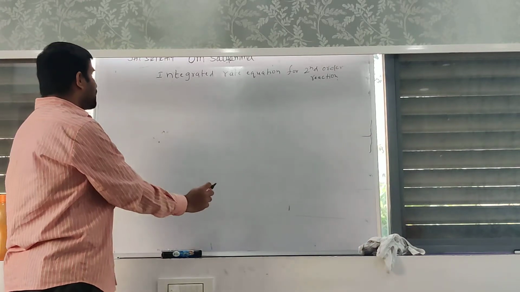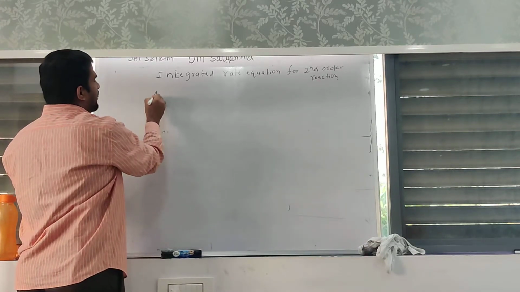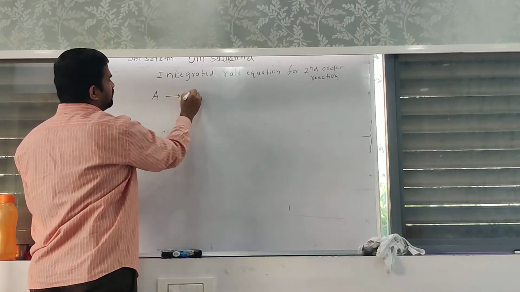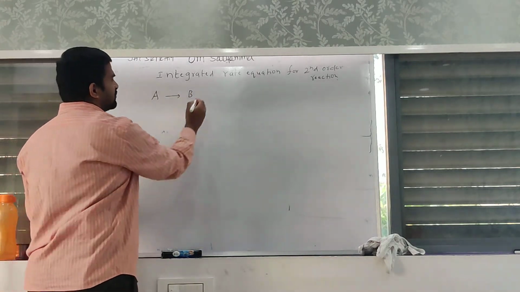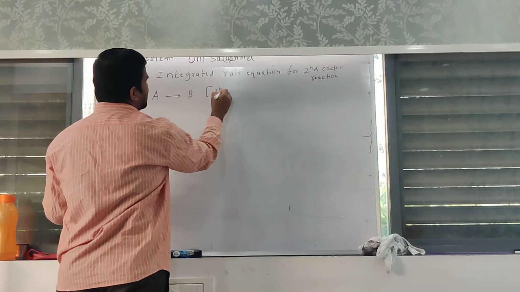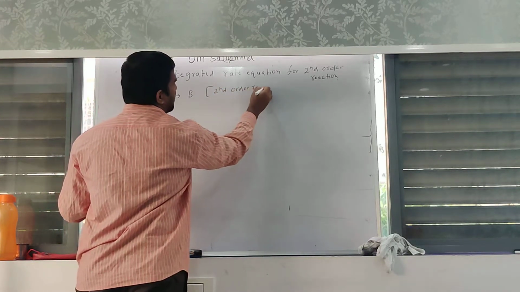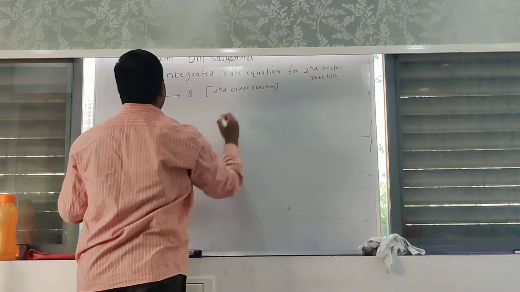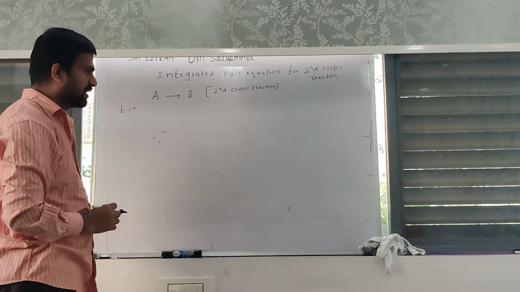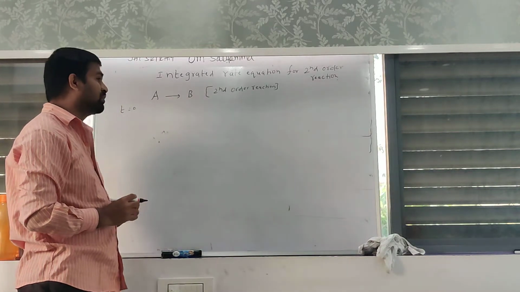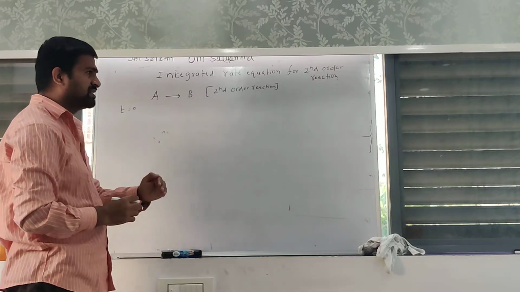I can take one hypothetical reaction, that is A gives rise to B. Just assume this reaction is a second order reaction. At time t is equal to 0, the reaction does not start.